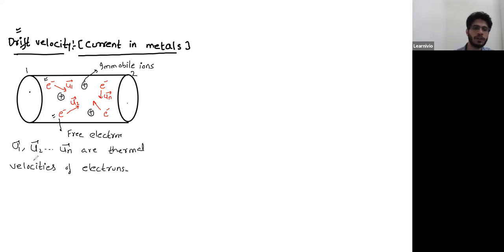No net movement of electrons across the ends of the conductor.